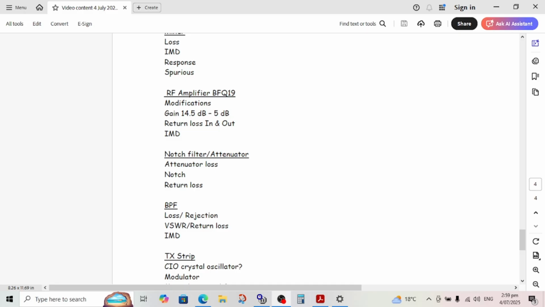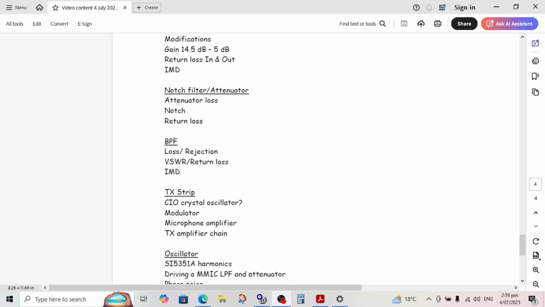The notch filter attenuator, we will look at the attenuator loss, the notch performance, and also the return loss. The bandpass filter, we'll look at the loss and rejection, also the return loss. Typically, filters have good return loss inside the passband, but outside the passband, the return loss is not very good. We'll also look at intermodulation on that if it can be performed.